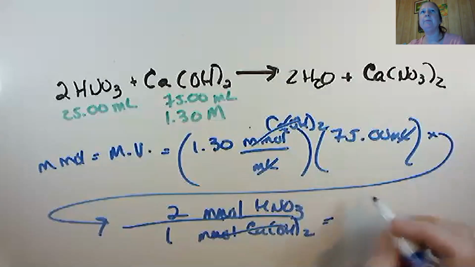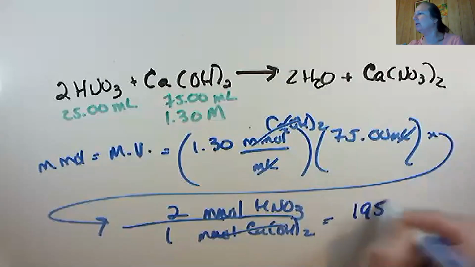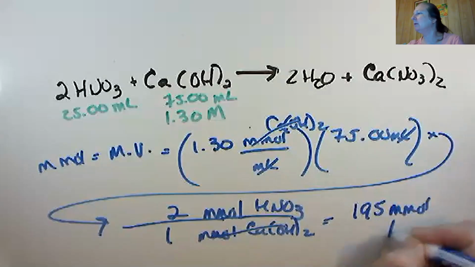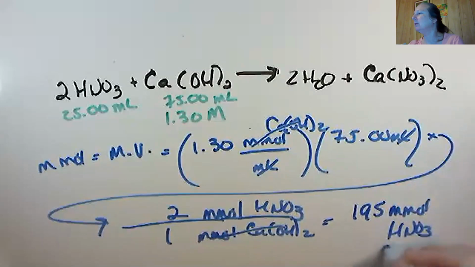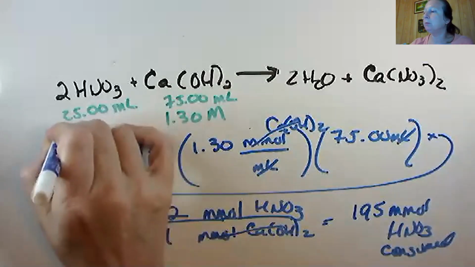Okay, my computer calculator froze, so hopefully this is correct. If not, I'll double check it. In fact, I am going to double check it. Okay, 195 millimoles were consumed.